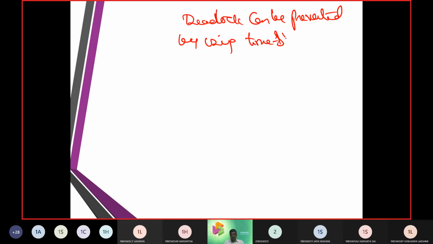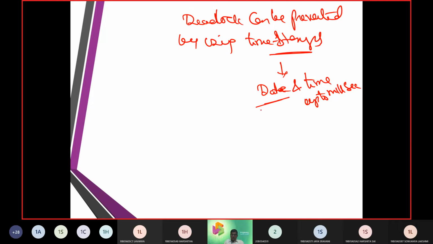So deadlocks can be prevented by using timestamps. So what is a timestamp? A timestamp is nothing but date and time up to the millisecond.